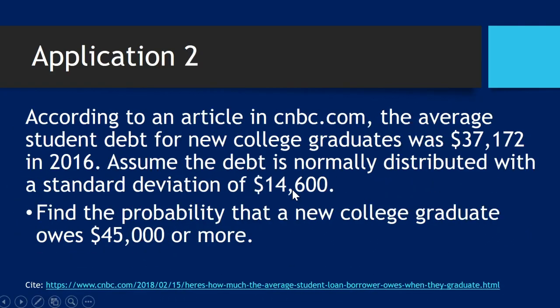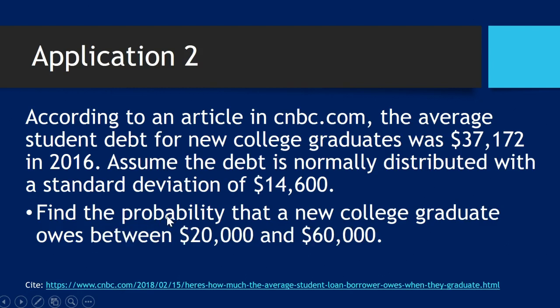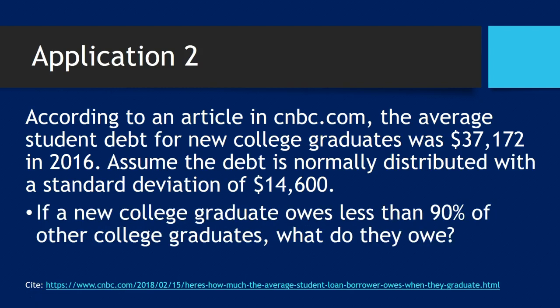All right, so we did that first application. What I'd like you to do is try this second application. I want you to read this on your own and then try to find the question asked in the first bullet point, the second bullet point, and the third bullet point as well.